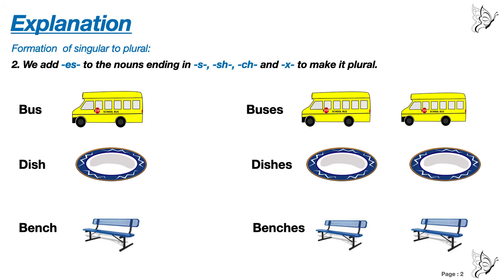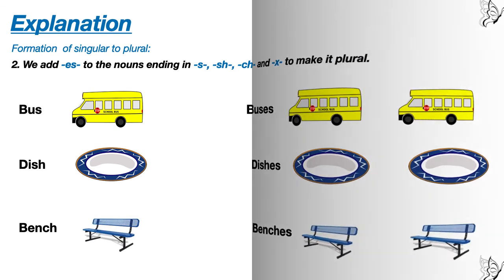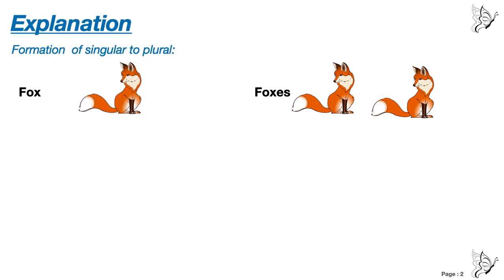Benches, bench, we are adding es to make it plural. Here the noun is ending in x. किस लेटर से ख़त्म हो रहा है? x. तो जो वर्ड x से ख़त्म होता है, प्लूरल बनाने के लिए we are going to add es.